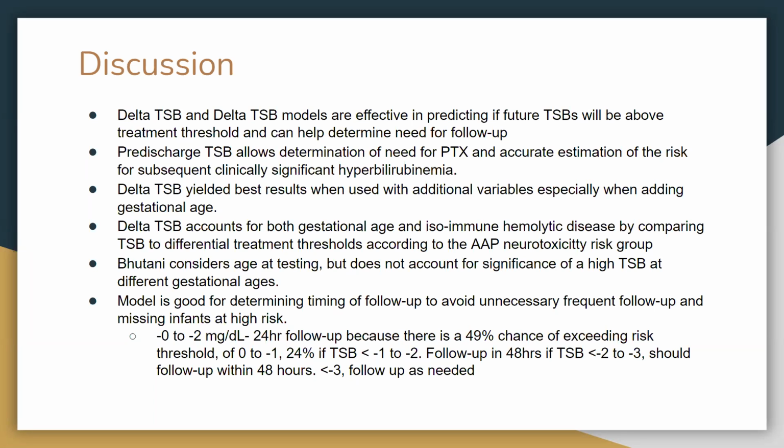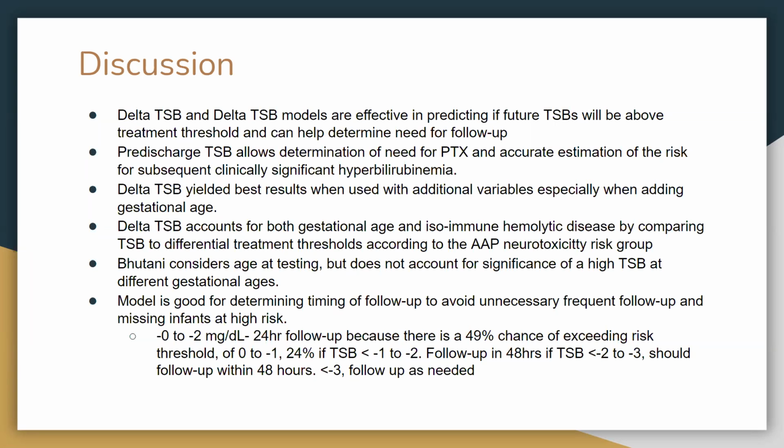The Delta TSB and Delta TSB plus yield the best results when they accounted for additional variables, especially gestational age being the biggest factor. They also found that you are likely to have more accurate predictions if you account for, again, factors such as gestational age and hemolytic disease.